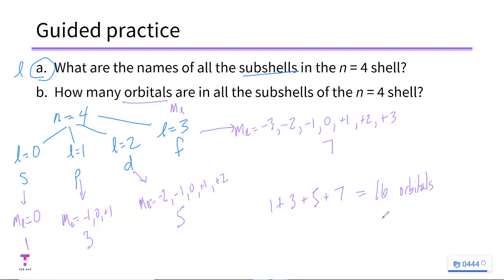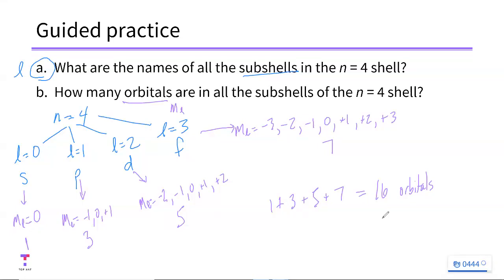Now, in your homework, you were asked a question very similar to this, only it wasn't asking about orbitals, it was asking about electrons. Now, to answer that question, we'd have to go down to the spin quantum number. Each one of these orbitals would have 2 different spins in it, plus 1/2 and negative 1/2.